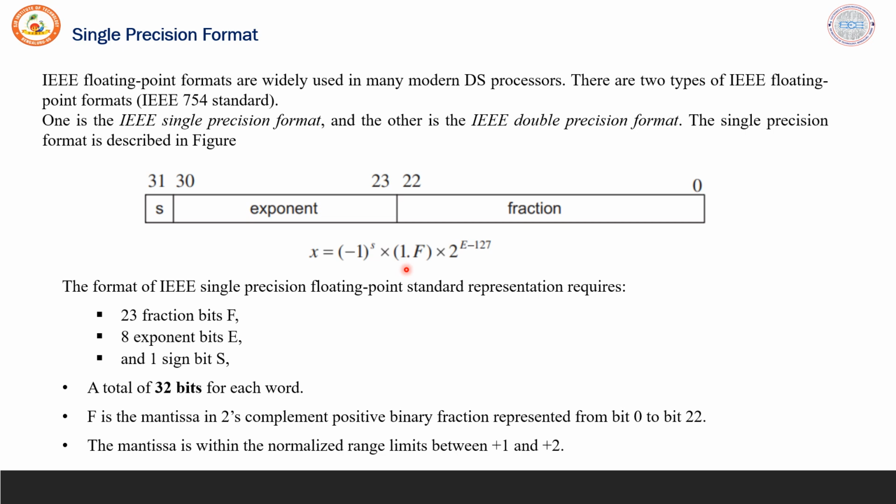This format has an implicit value which is 1. The value following the decimal point will be the fractional part, and the exponent factor is 2 raised to e minus 127.